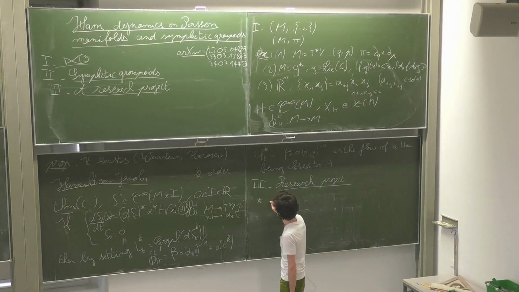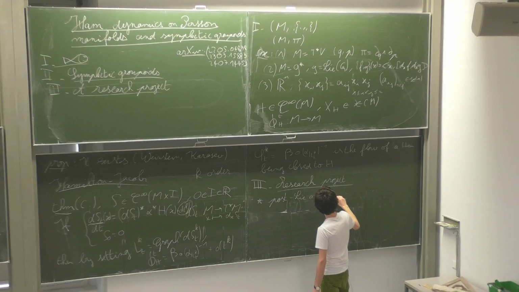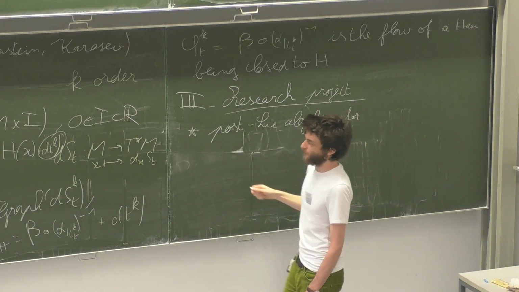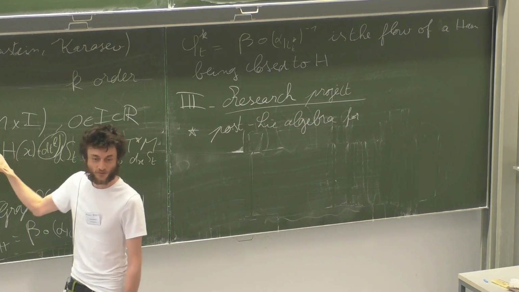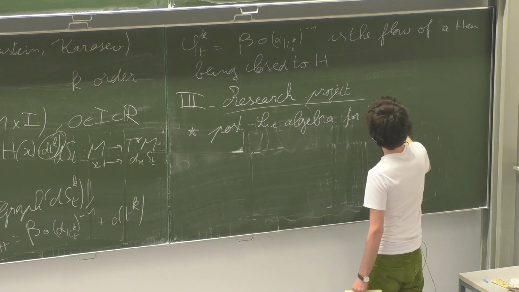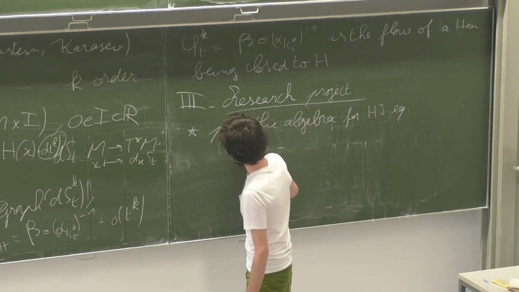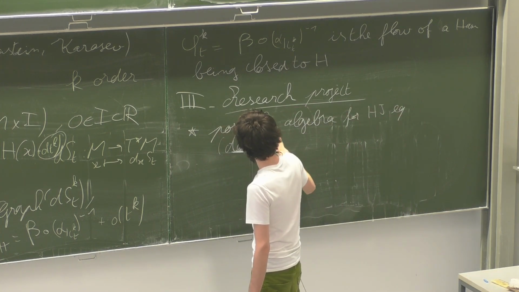For those who know, there is a post-Lie algebra describing finite order solutions of the Hamilton-Jacobi equation. This is joint work with Adrien Laurent.